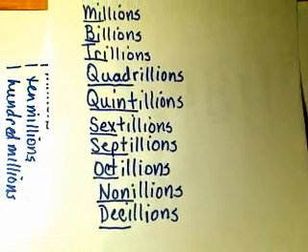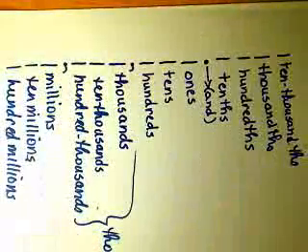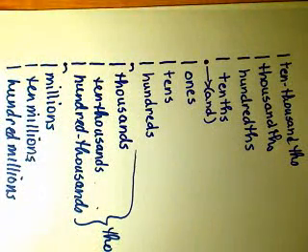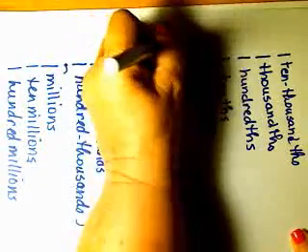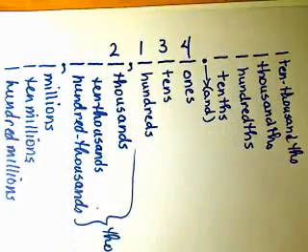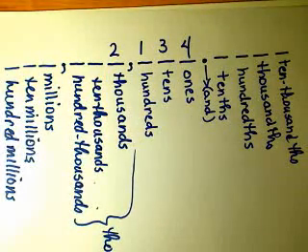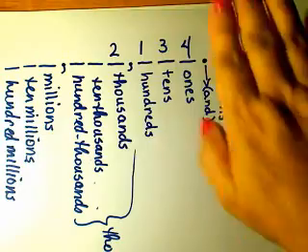Now, the thing that we've got to remember when you talk about place value is that when I represent a number up here, let's say we have 2, 1, 3, 4. Okay, so I'm going to read within each period.